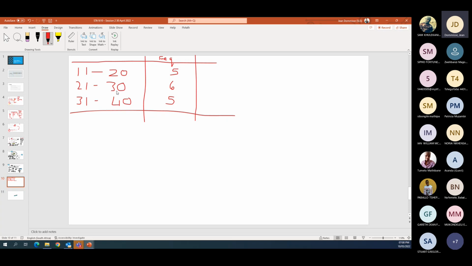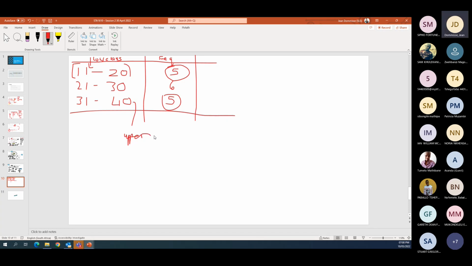Okay, so you would have gone to the frequency. What we actually want you to look at is this data set, so this will be your lower class limit, and this one will be your upper class limit.